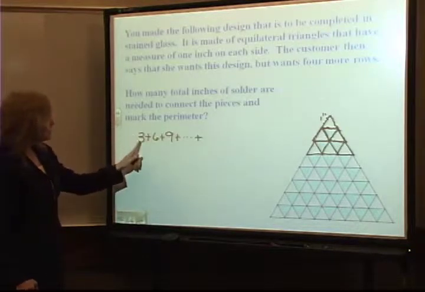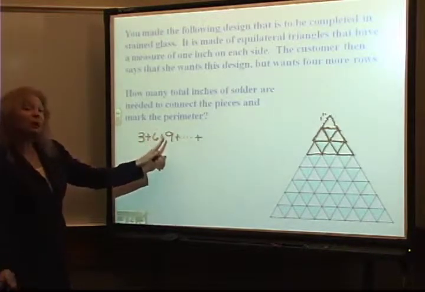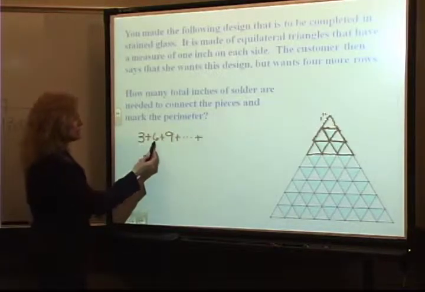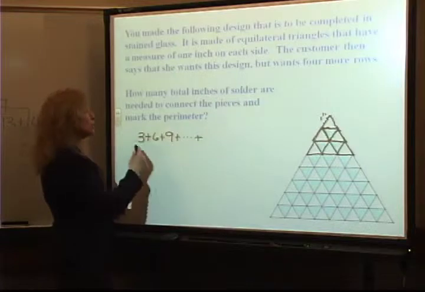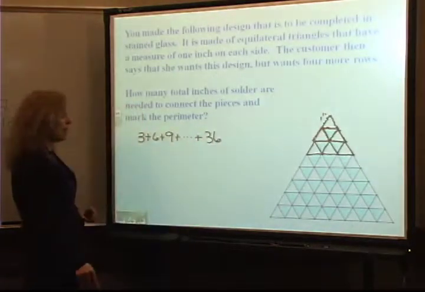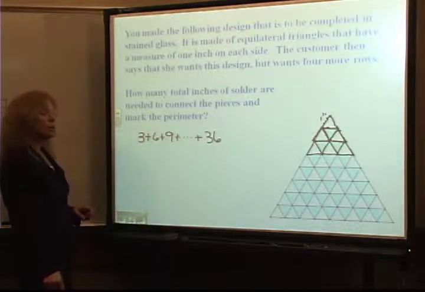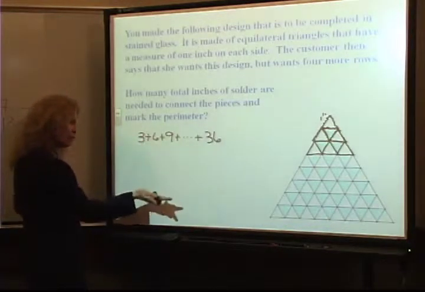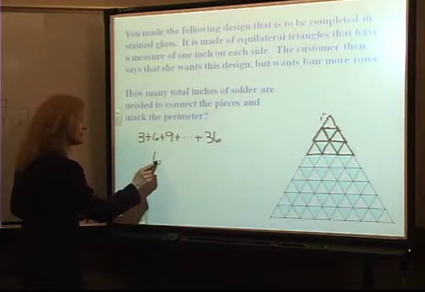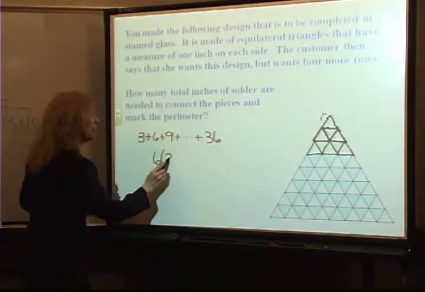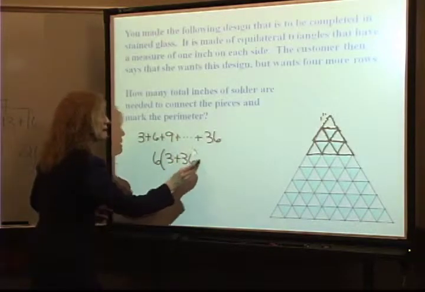Well, you might realize this is 3 times 1, 3 times 2, and you can use your a sub n formula to find it because you can see this is definitely arithmetic, but 3 times 12, we're going to have 36 in the last row. So a nice quick calculation. Since I have 12 rows, I have 6 pairs of numbers I'm adding. 3 plus 36.